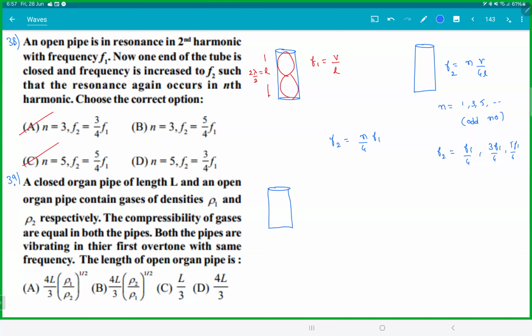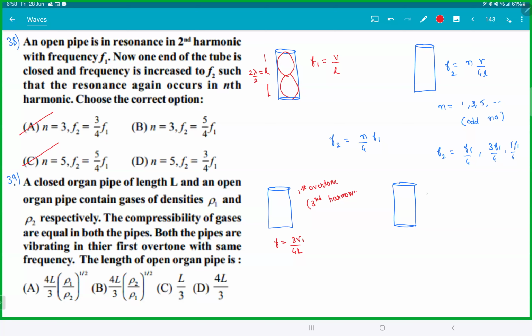For the closed organ pipe, the first overtone means the third harmonic. So this is 3V by 4L1. Now be careful: since the density is different, the speeds are different. The wave speed is not the same in both.